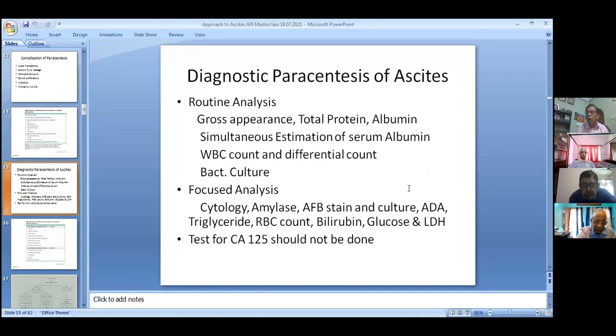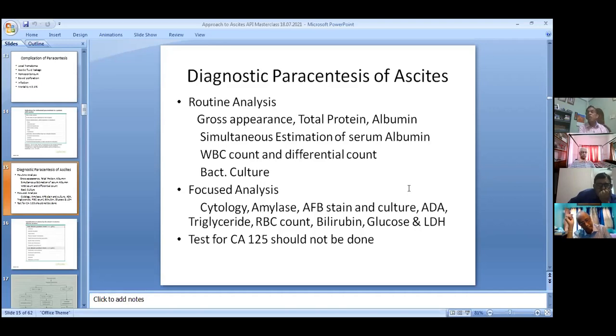Then the total protein should be estimated, and albumin should be done separately. Ascitic fluid albumin should be tested, and simultaneously you should send the serum albumin on the same day to have an idea of the serum ascites albumin gradient, and the WBC count and differential count, and you should send the ascitic fluid for culture.